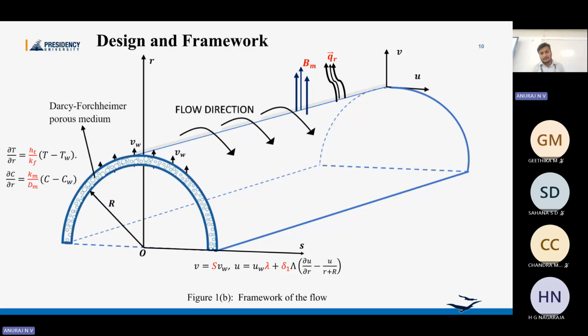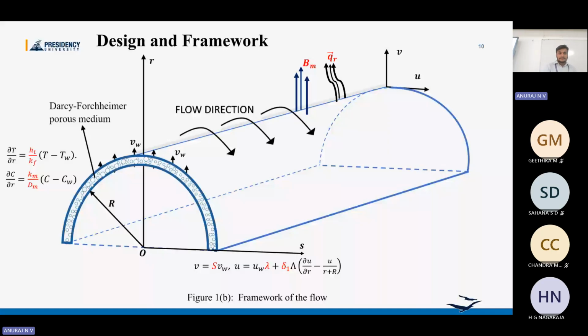Here S is the flow direction, and along the S direction the velocity is U; along R, the vertical direction, the velocity is V. I consider a horizontal magnetic field BM, and from BM, after non-dimensionalization, I get the Hartmann number M. Here QR is the radiation parameter. I am using nonlinear radiation, and after non-dimensionalization, we get RD and theta W.